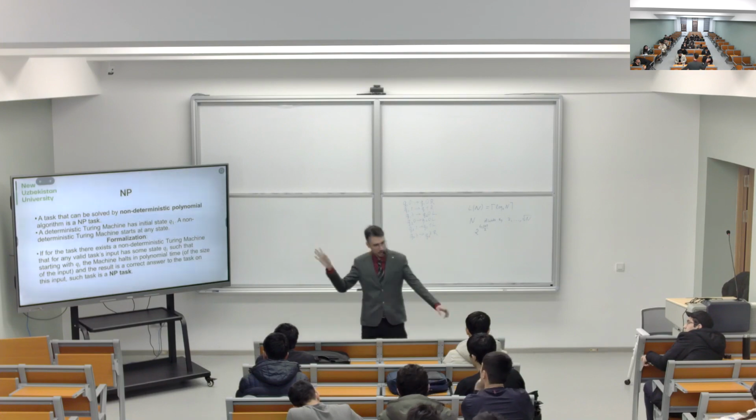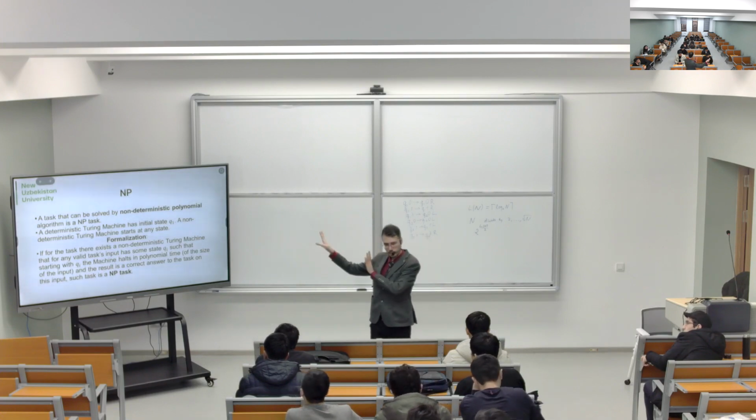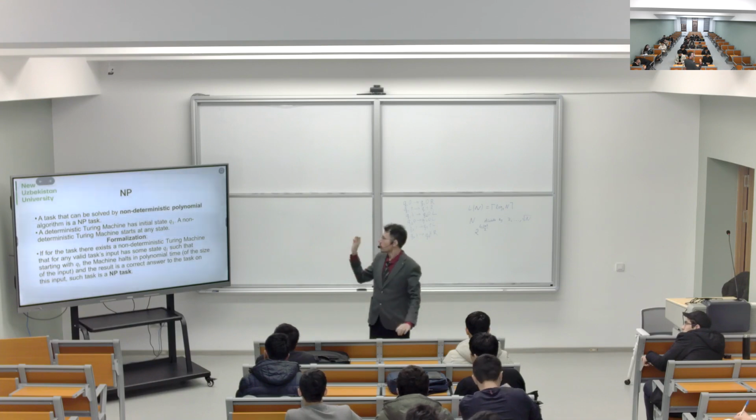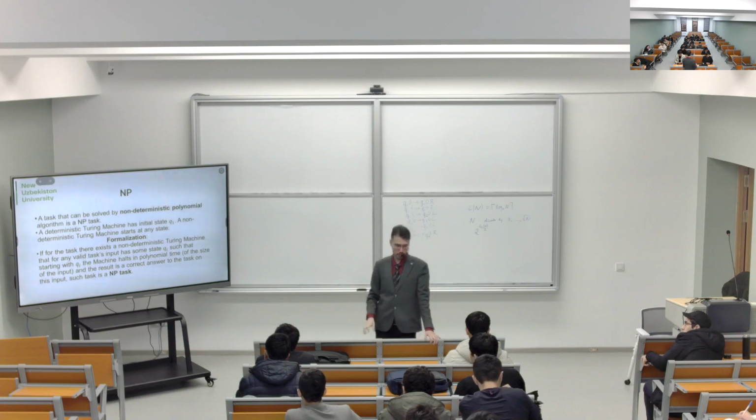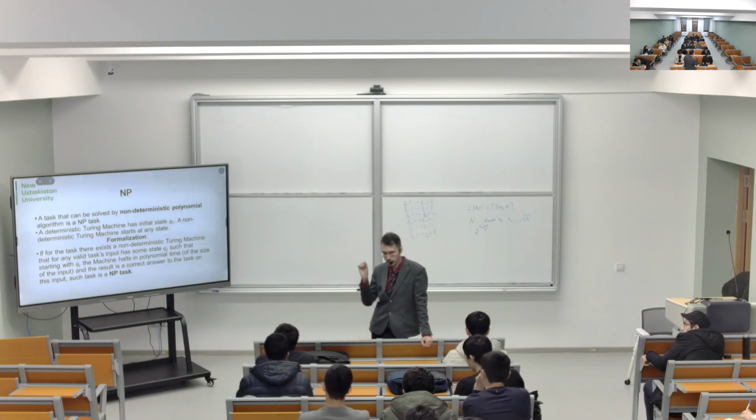So now, let's move to another topic. This is the hardest topic. Okay, let's take a look at this. We already covered what a polynomial time algorithm is. But what is a non-deterministic polynomial algorithm? Let's say that we do not fix the starting state.